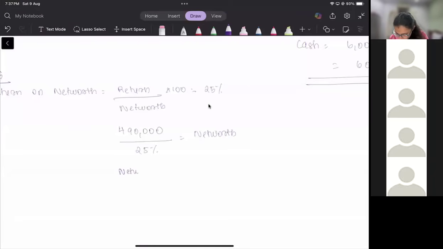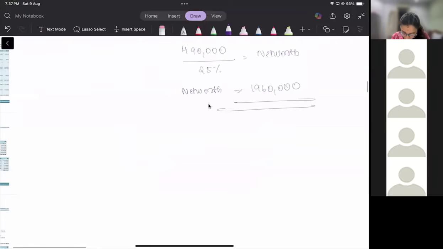So, how much is our net worth? Yes, correct. 19 lakh 60,000. And they have also said that share capital is to reserves and surplus 7:3.